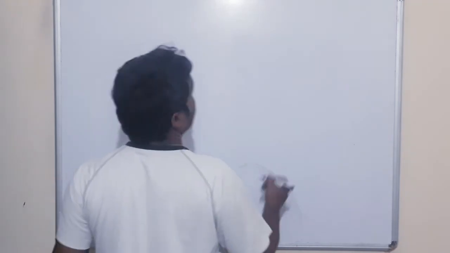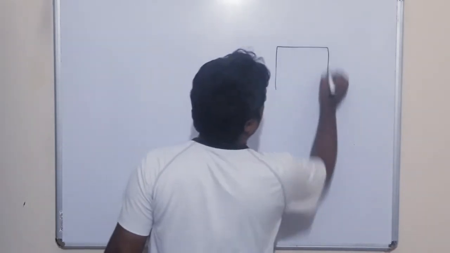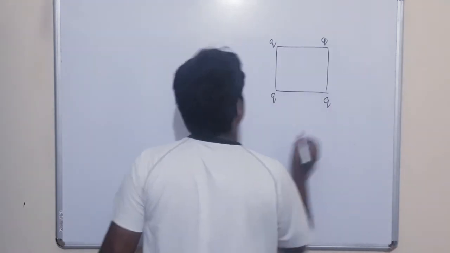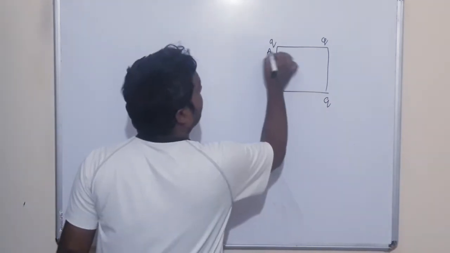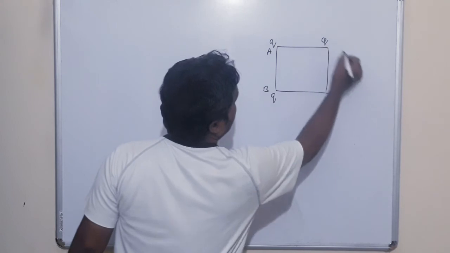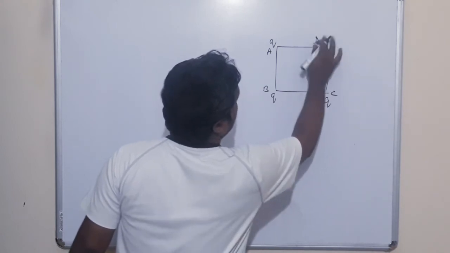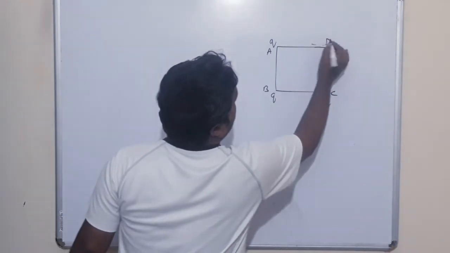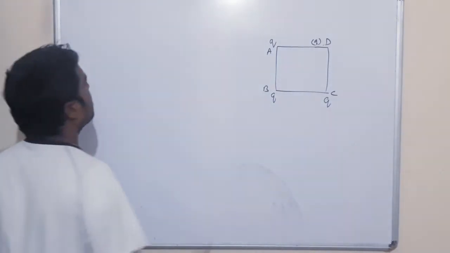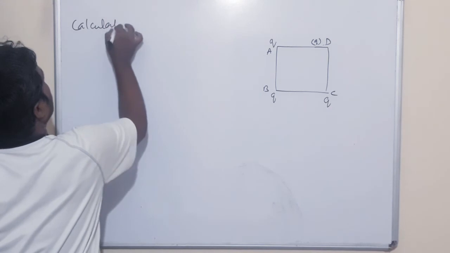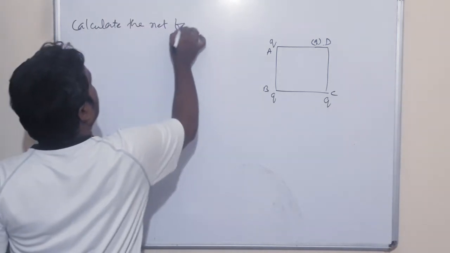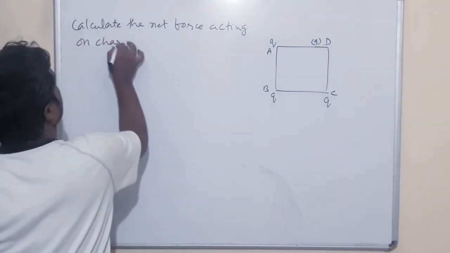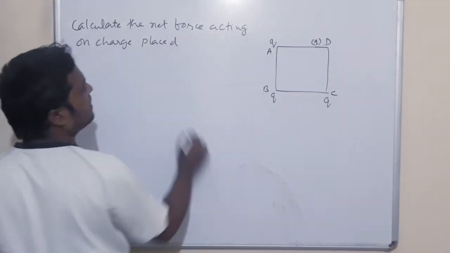If I see here, this is Q, this is Q, this is Q, this is Q. Let us take this as A, B, C. I will write this as D. This corner is D. Charge placed here is also Q. Now the question is, calculate the net force acting on the charge placed at any one corner.